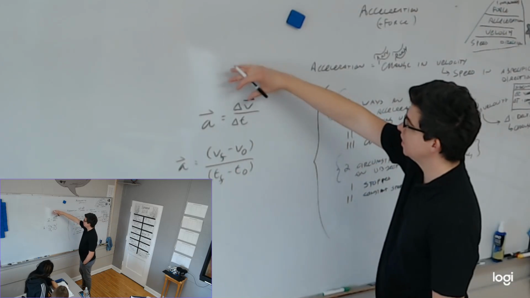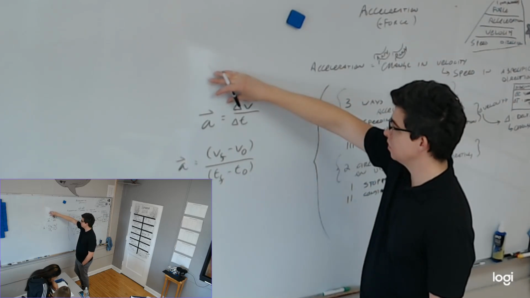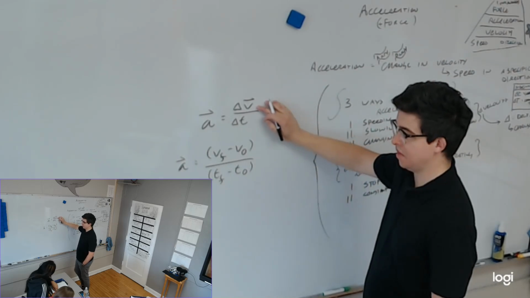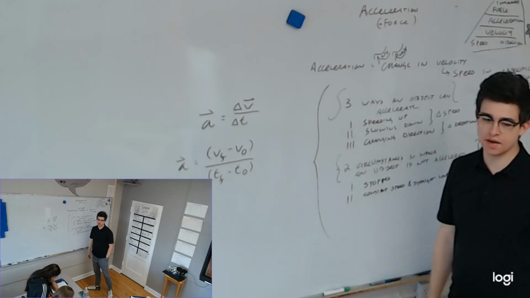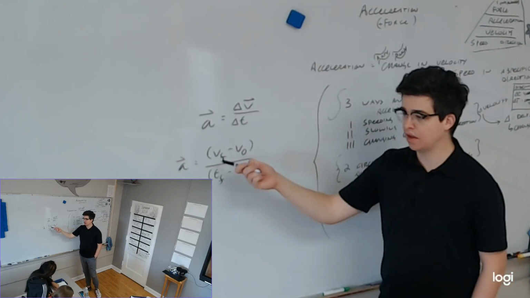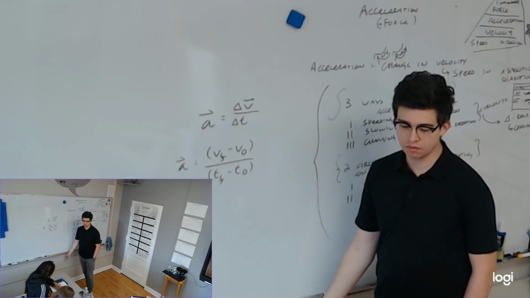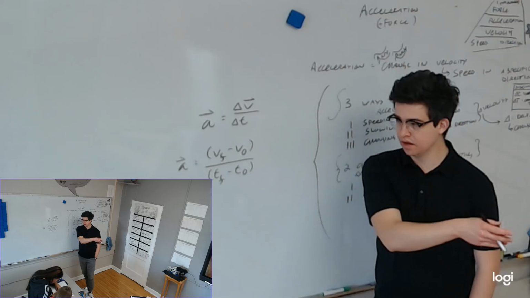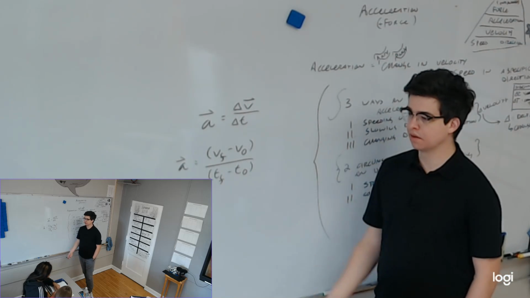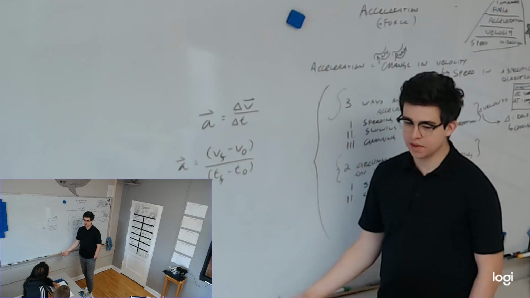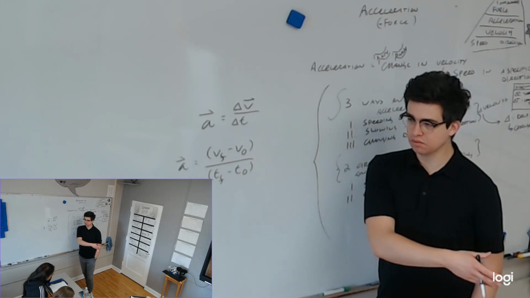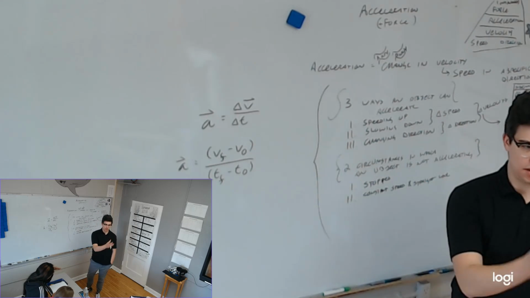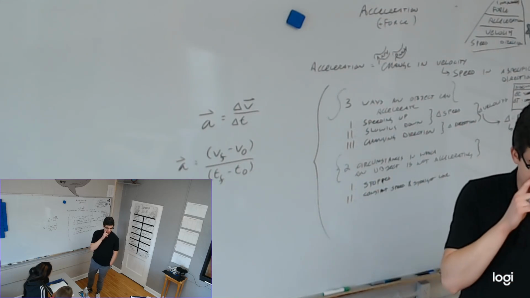What does final mean? How I measure it at the end of the time I measure it. What would initial mean? How I measure it at the beginning. It's just the last measurement you take minus the first measurement you take.